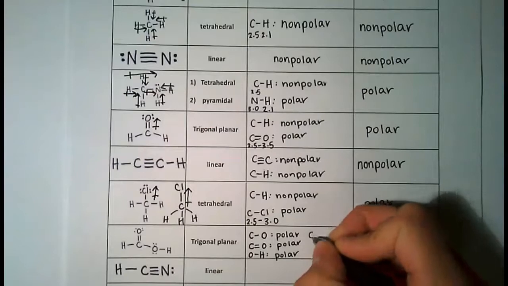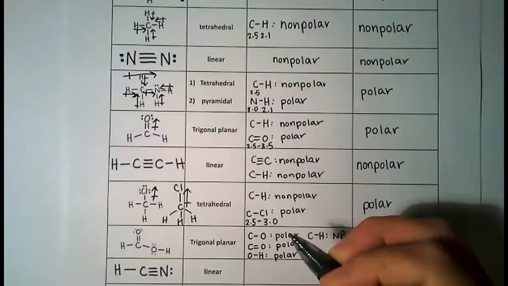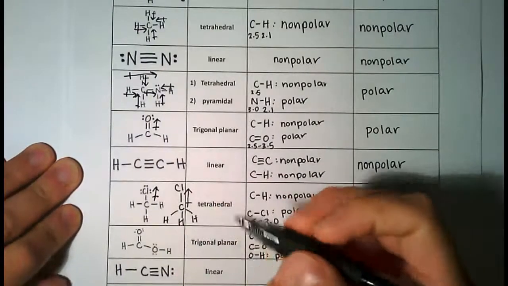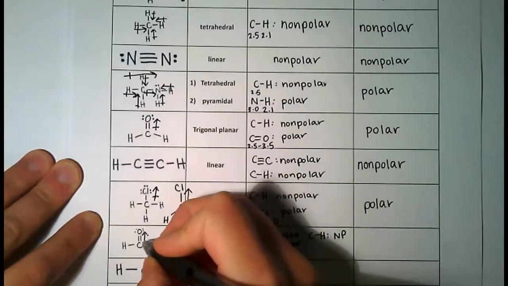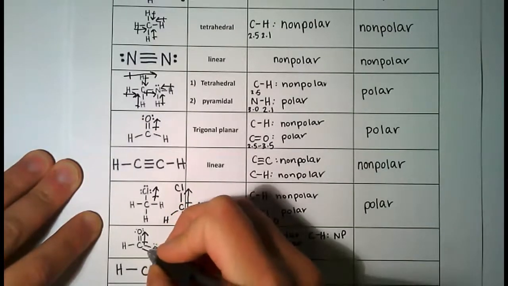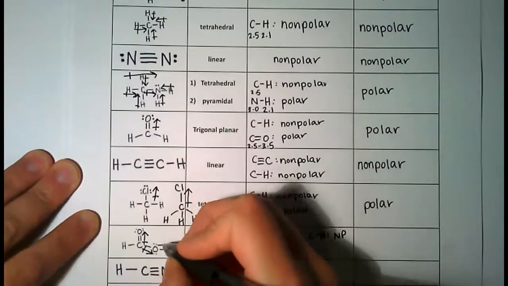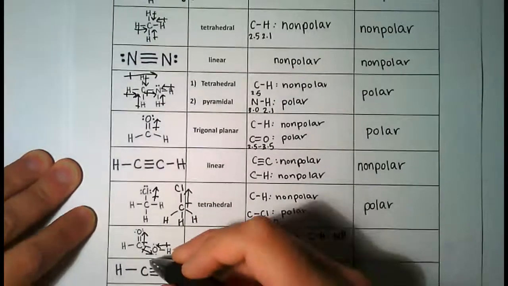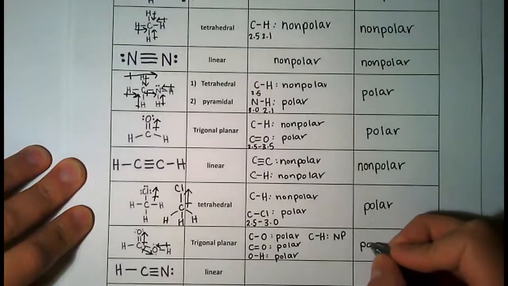And we have a carbon-hydrogen bond, which is nonpolar. So we have to draw our arrows here and figure out whether we have symmetrical electron distribution or not. So our arrow is going to be up towards the oxygen, and then here out towards the oxygen, and then here in towards the oxygen. So we have a lot of arrows, but they are not symmetrical. So this molecule is going to be polar.